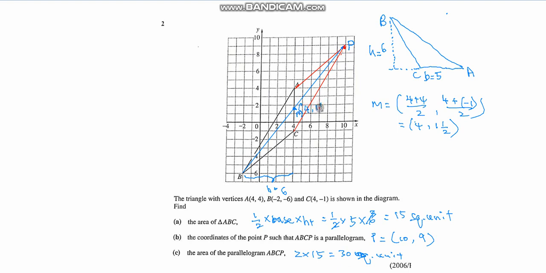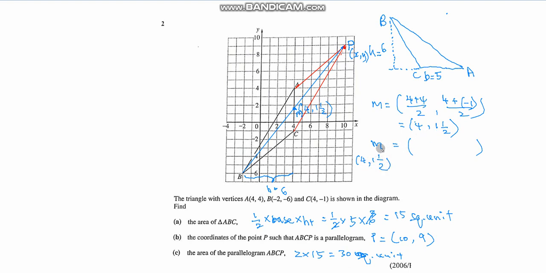So the coordinate here is 4 and 1.5. But this point is also the midpoint between B and P. In other words, M is also the midpoint of B and P. Now we already know the coordinate of M. Let's say we do not know the coordinate of P, and we put it as x, y. M is 4 and 1.5, which we found.